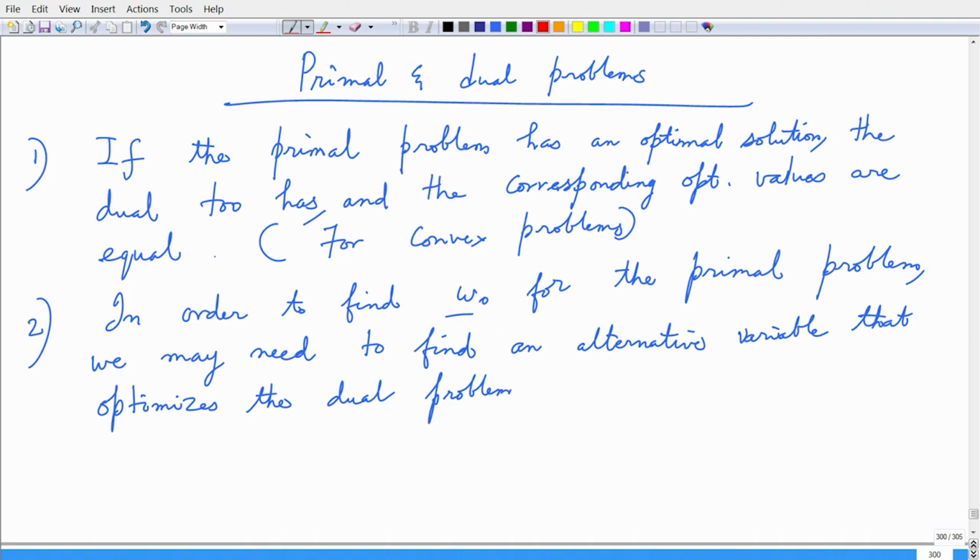So, in one case, particularly for this SVM problem, for the primal problem we are interested in solving for this optimum weight W optimum, whereas in the case of the dual problem it boils down to finding the condition with respect to an alternative variable, by setting the derivative of the dual problem with respect to that alternative variable to 0 and then trying to solve this problem.